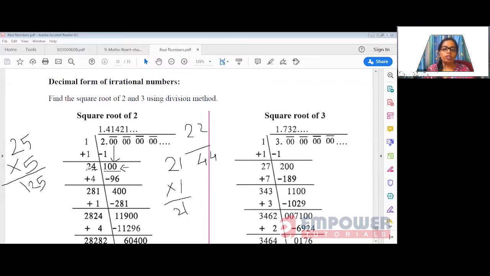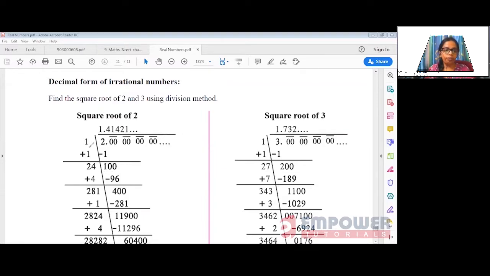So we must choose the number over here so that when we multiply by that number to this whole number, it should be less than this number but nearer to the number which is present over here. Okay, that's why we have taken 4 over here.